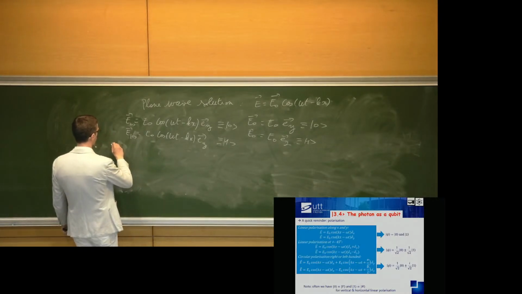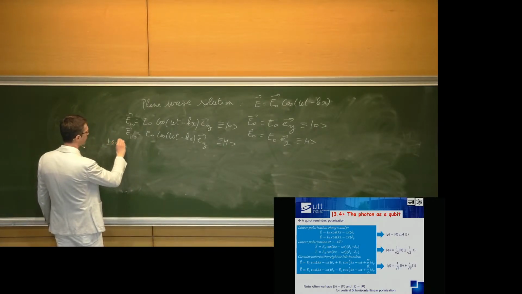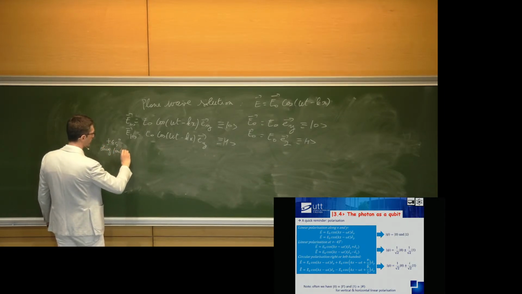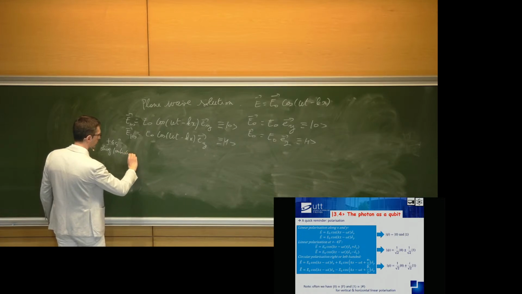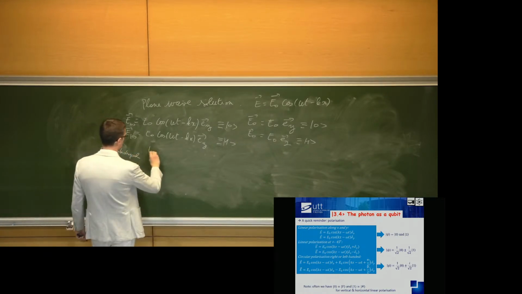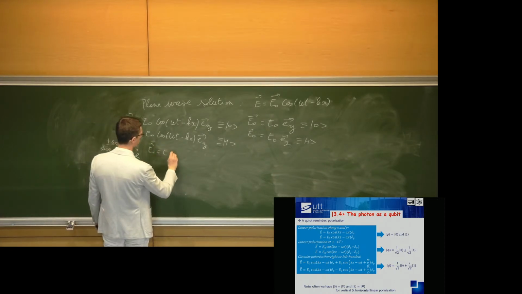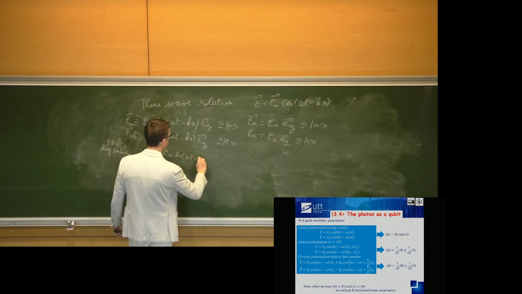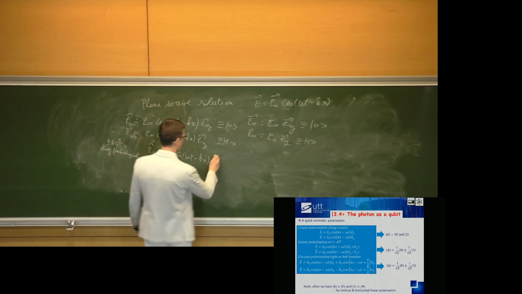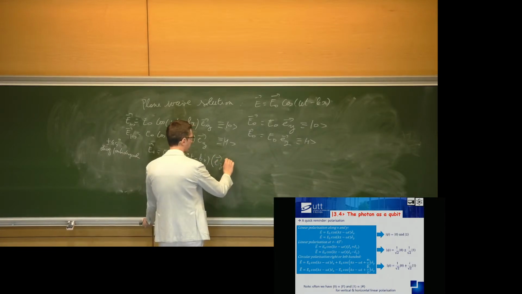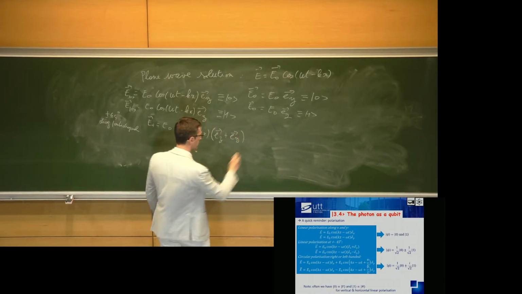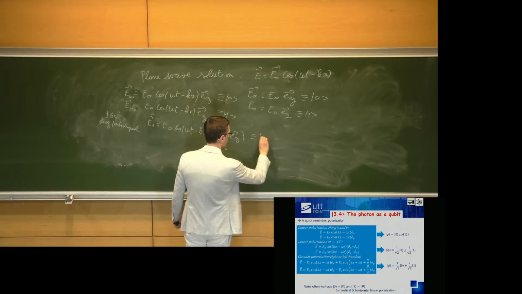Now for plus-minus 45 degrees, or diagonal and anti-diagonal, I've got E plus, which is E0 cosine(omega t minus kx), and I'm going to have Ez plus Ey. I can call this state plus.